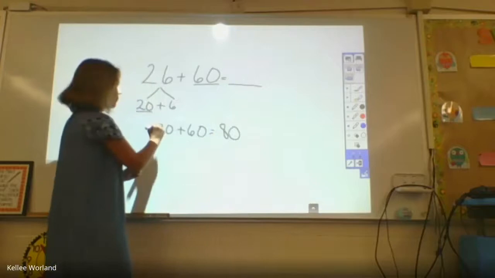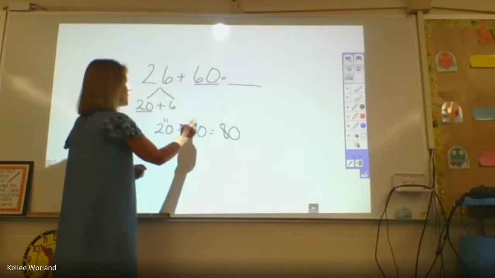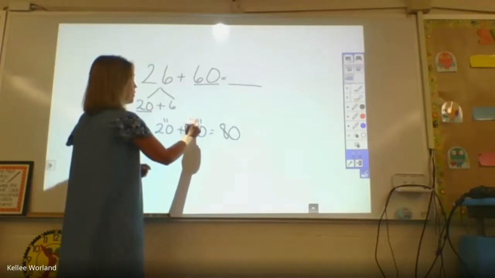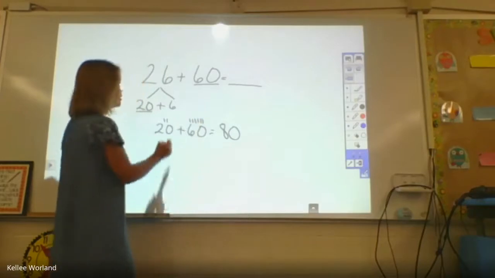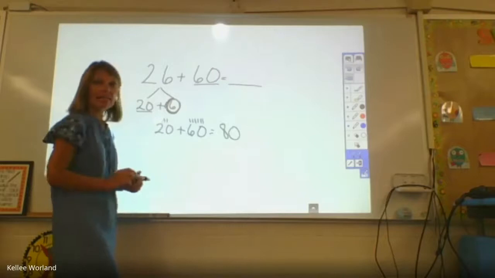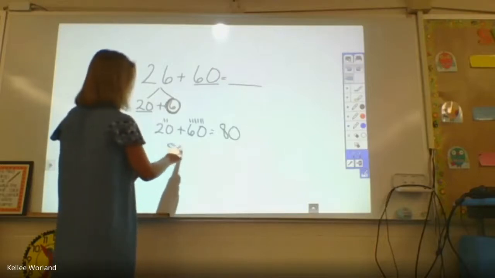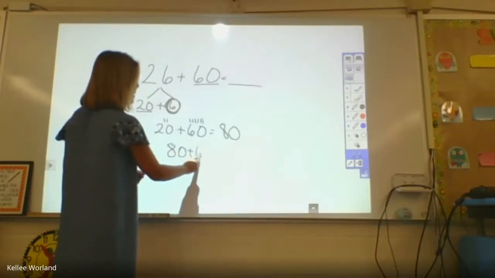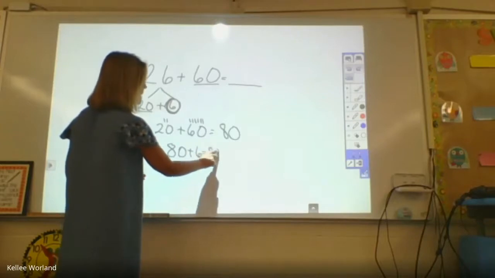And yes, don't forget, you can always make your 10 sticks if that will help. Don't forget, you have to add in that 6. So 80 plus 6 equals 86.